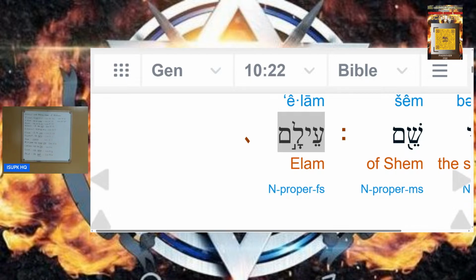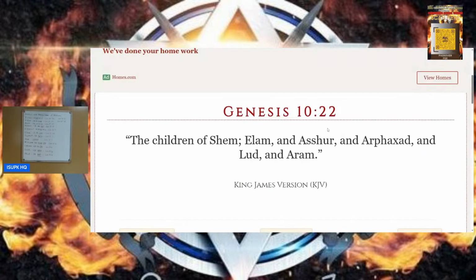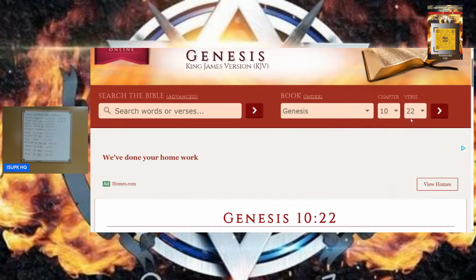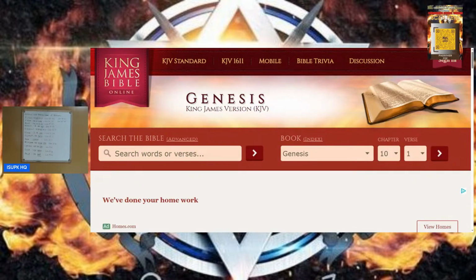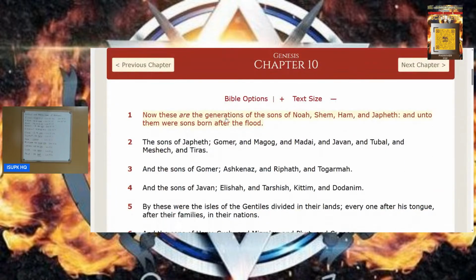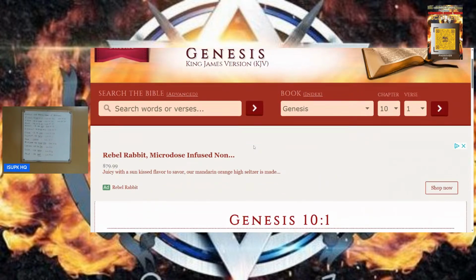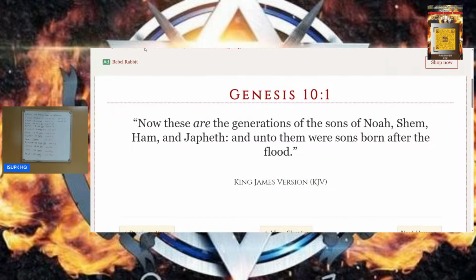Now let's look for Japheth, which is in Genesis 10, verse 1. It says, now these are the generations of the sons of Noah, Shem, Ham, and Japheth. And unto them were sons born after the flood. So let's go to our interlinear. Genesis 10, verse 1.